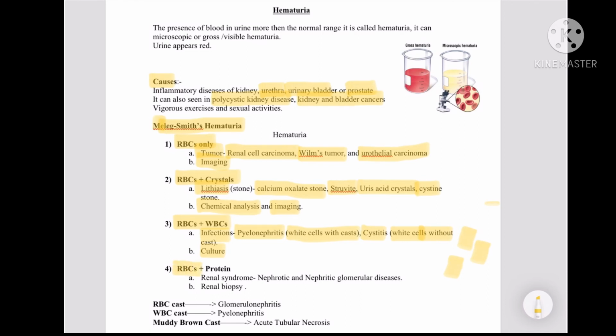The fourth one is RBCs along with protein in the urine. In renal syndromes, we can find RBCs along with protein, in nephrotic and nephritic glomerular diseases.